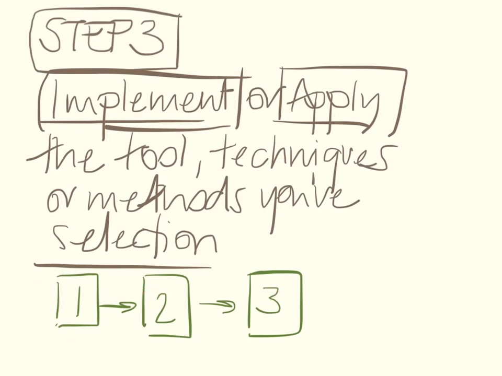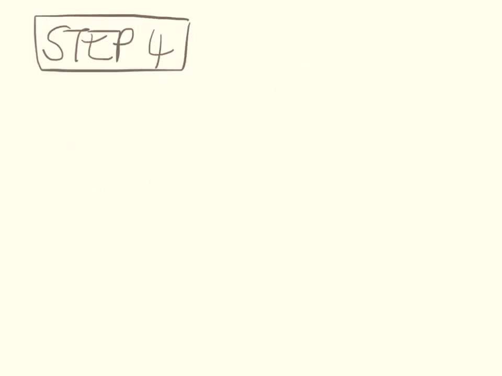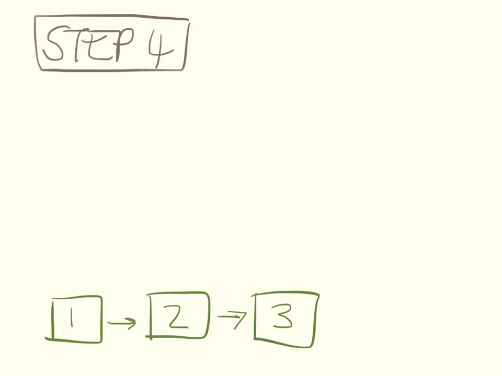Now, these are all stages and steps of the analytical or the problem-solving method. And the final step is the one that most people just fixate on. So, step number 4 is the last step. You've identified. You've then selected your methods and approaches. You've then applied them and implemented them.